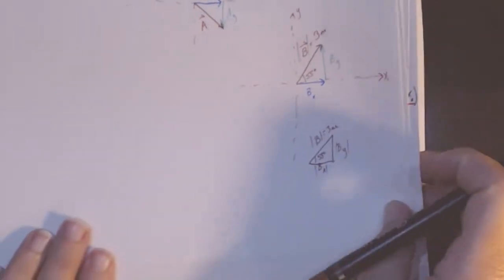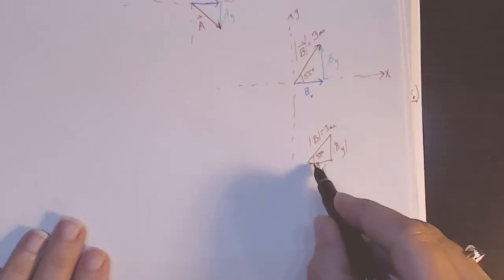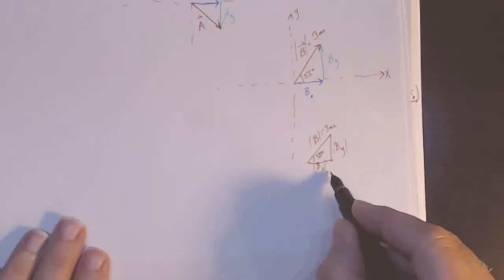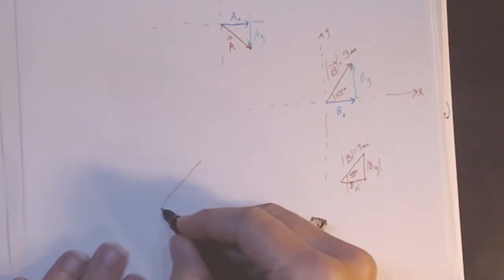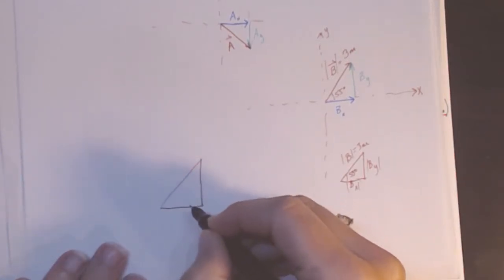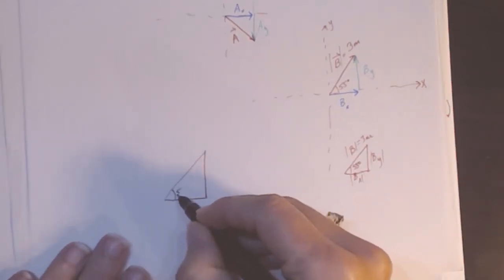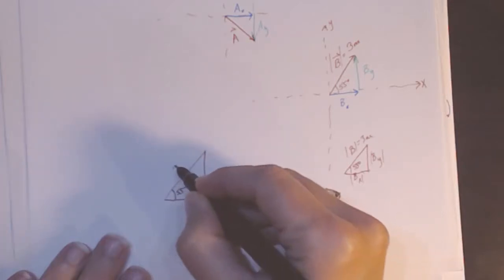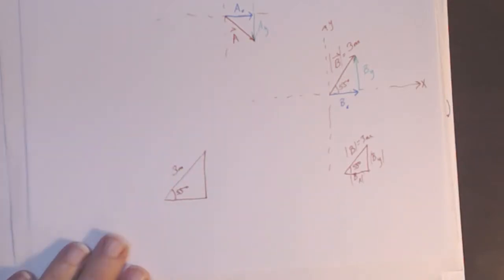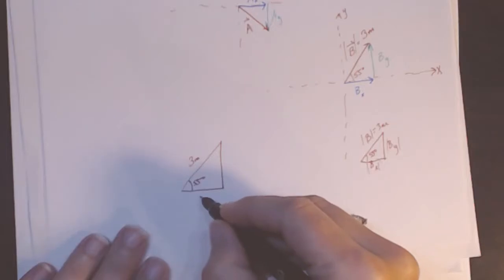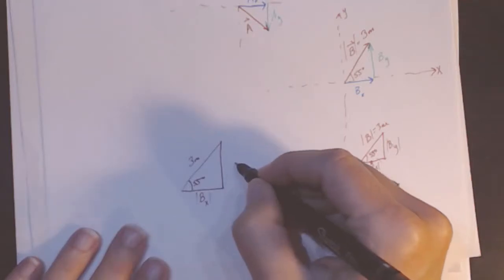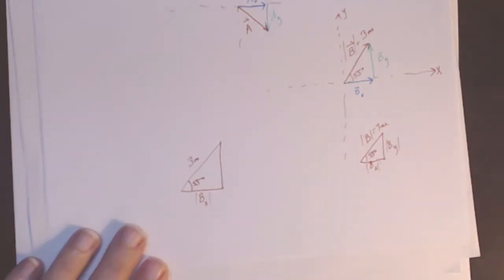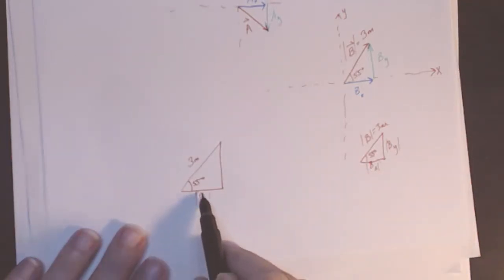If I want to solve for this side right here, the x component, I'm going to use the angle and the length, and solve for this side being a positive value. This other side I don't need to think about right now.